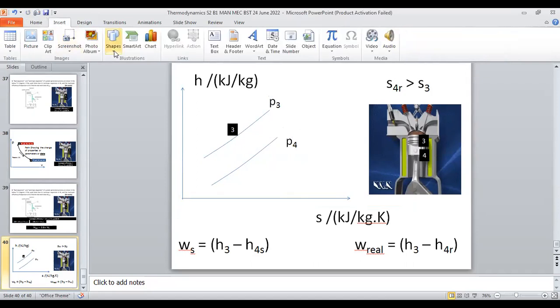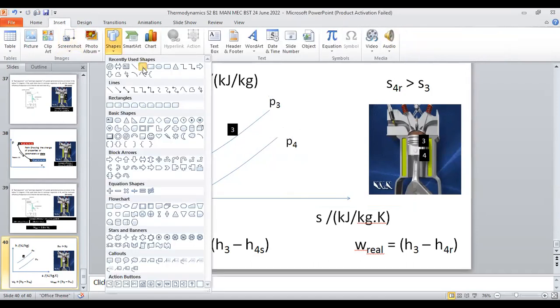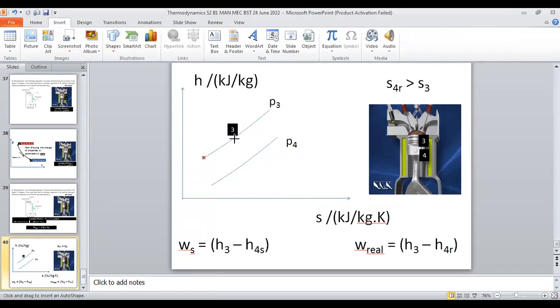Then the isentropic expansions, this straight away comes down. No change of entropy.